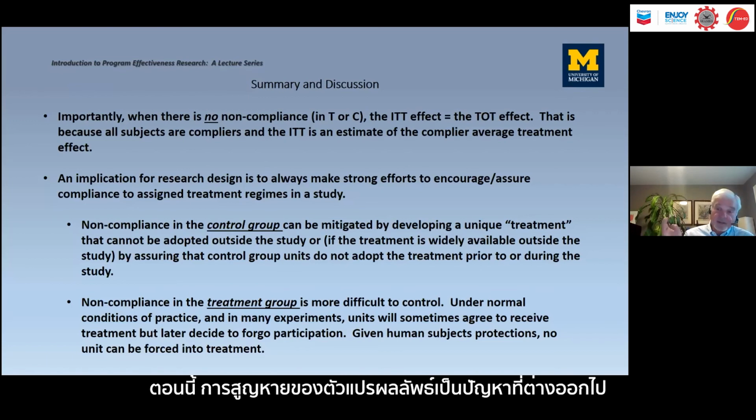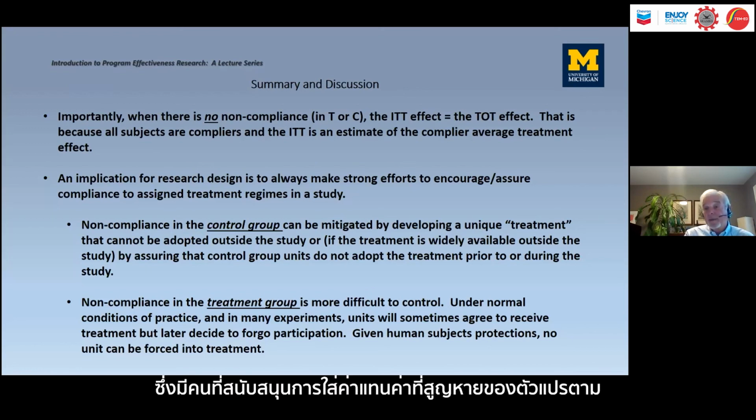Now, missing on the outcome variable is a different problem. There are people who advocate for imputing values of the dependent variable, but most people don't like that and will look askance at you if you do impute the value of the dependent variable.